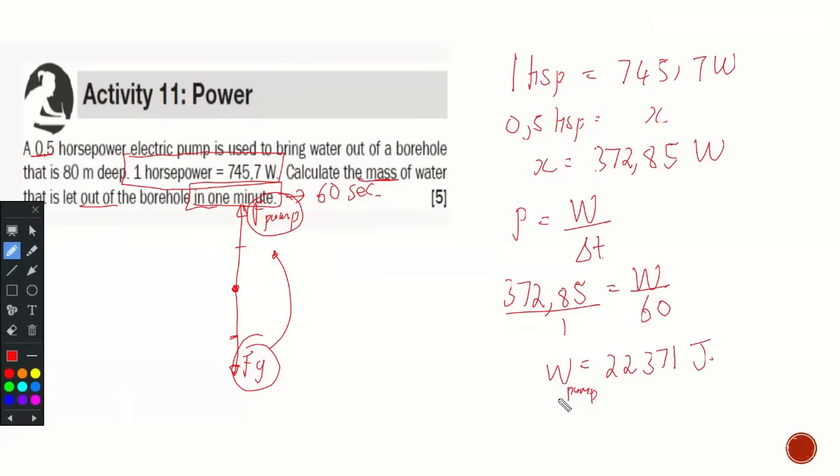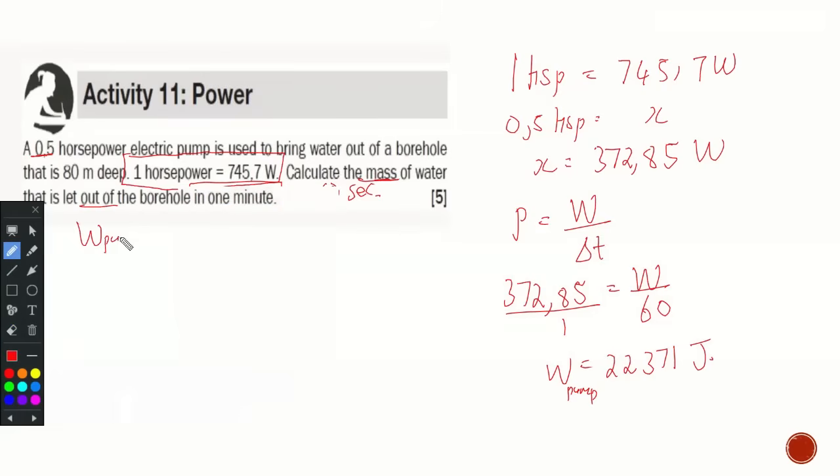Since the force of the pump and the gravitational force are equal, the work done by the pump is the same as the work done by the gravitational force, right?